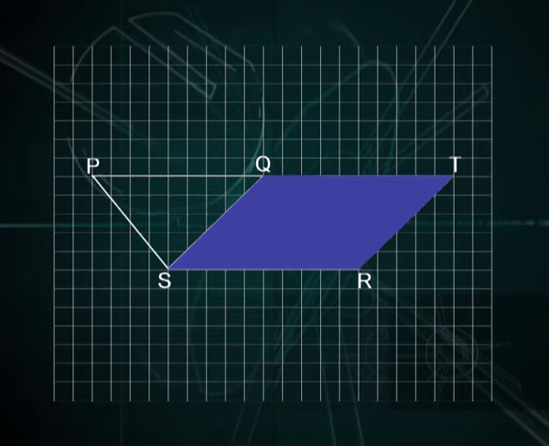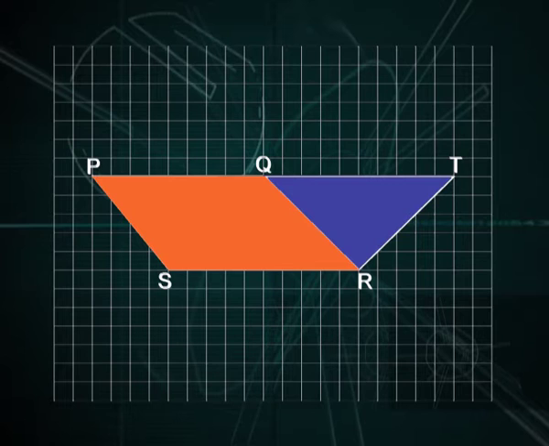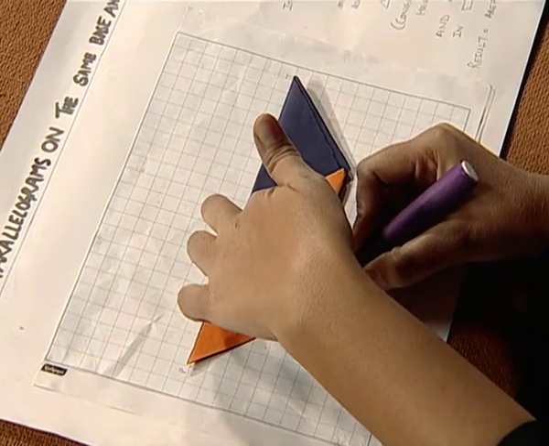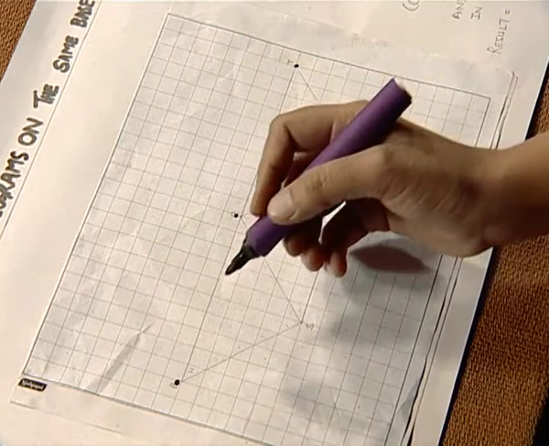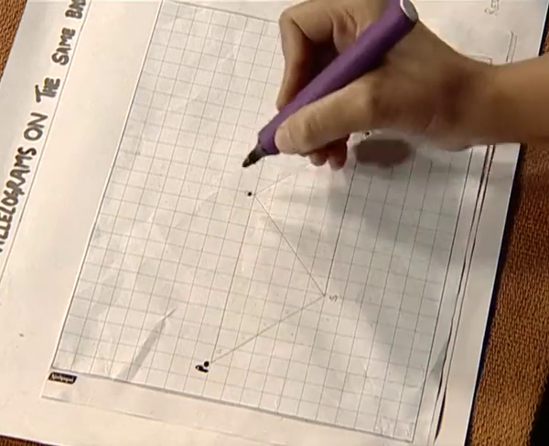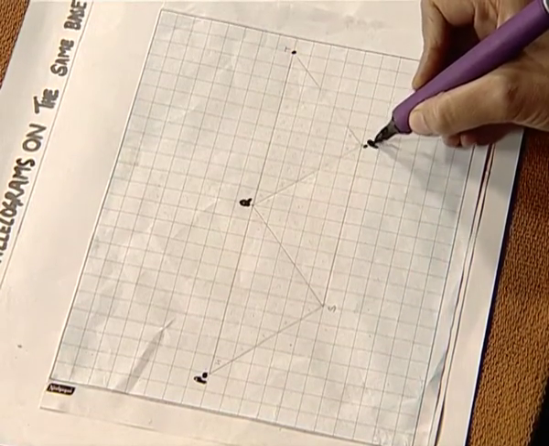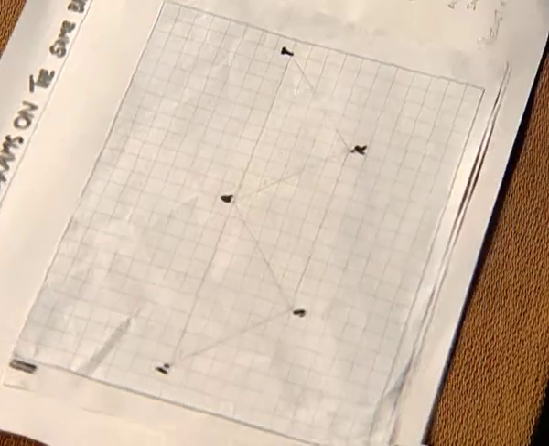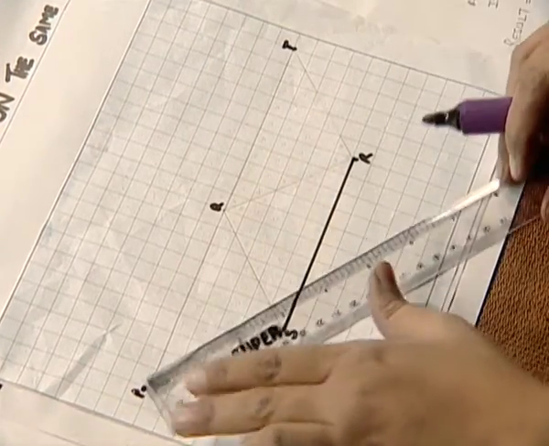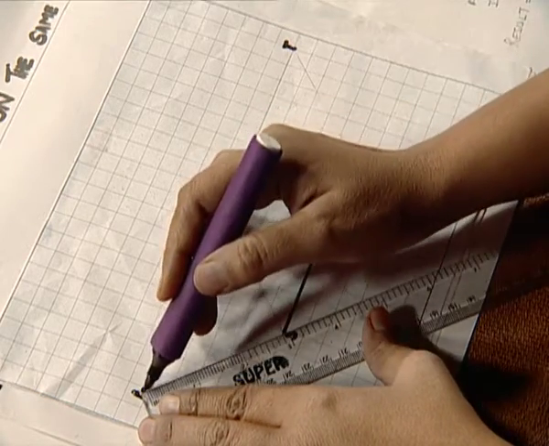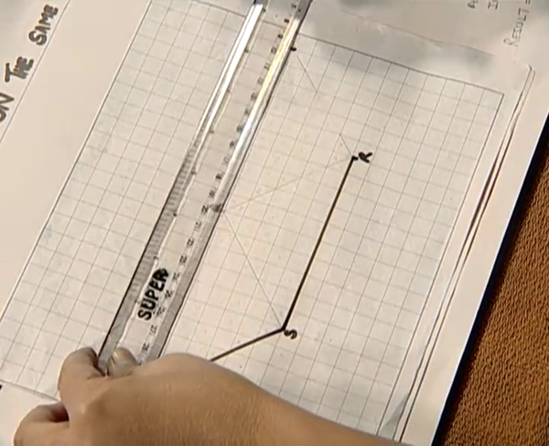We take these two parallelogram replicas and place them so that their bases are lying on each other like this, and now we trace these parallelograms by marking the points and name them P, Q, R, S and T. We draw their sides by joining these points which we have marked.